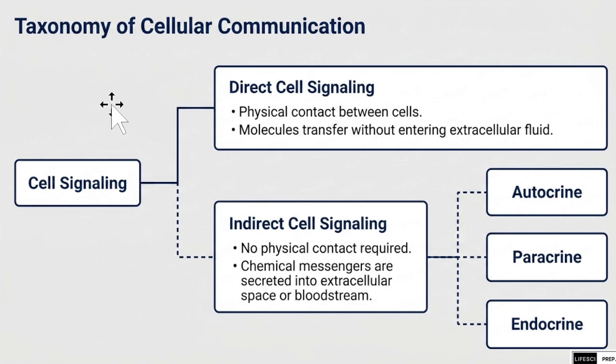So cell signaling is divided into two types, that is direct cell signaling and indirect cell signaling. Direct cell signaling is a type of physical contact between the two cells. Through physical contact, the signaling is transferred from one cell to another. But in indirect cell signaling, there are three ways through which the cell transports signals to the target cell.